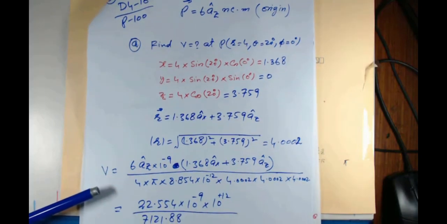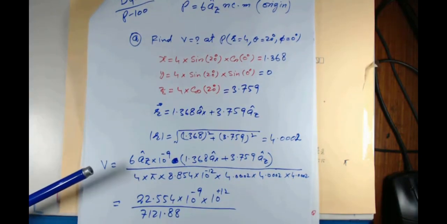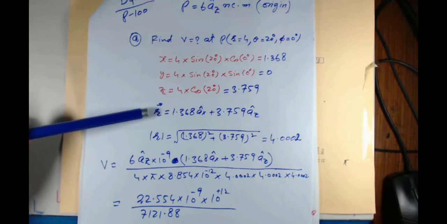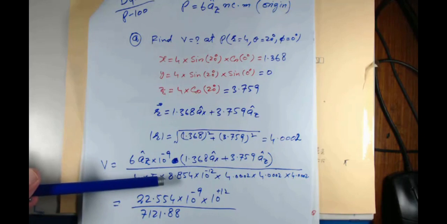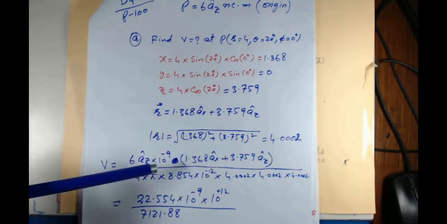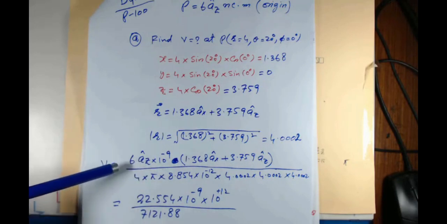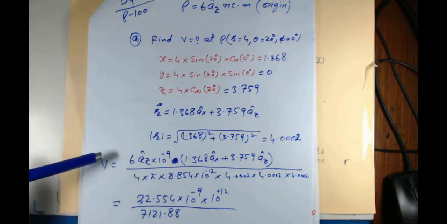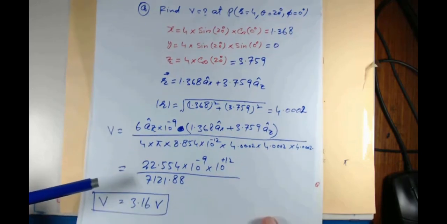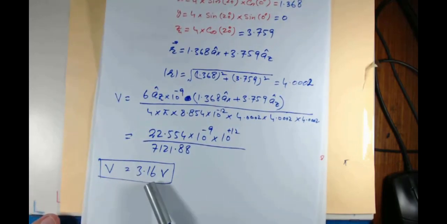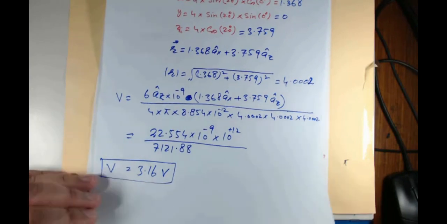Plug in all the information, that is the dipole moment, the vector that represents the position of the field point from the source, and the free space permittivity, because the electric dipole is placed in free space. After simplification, we got 3.16 volt, which exactly matches the answer given in the book.